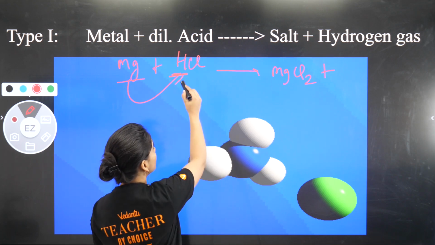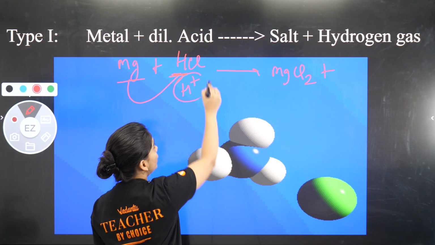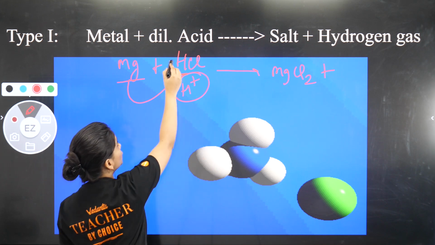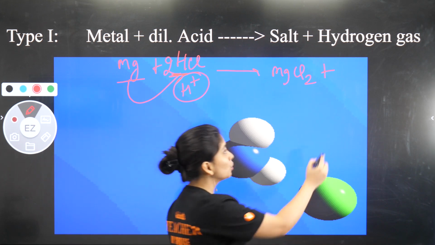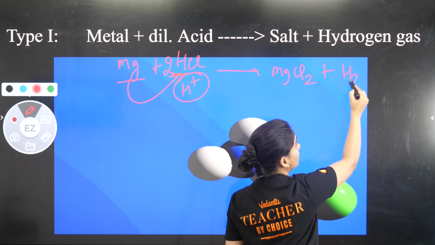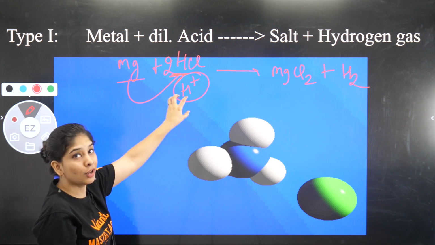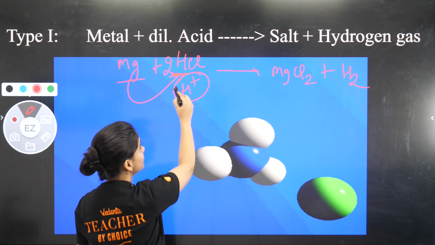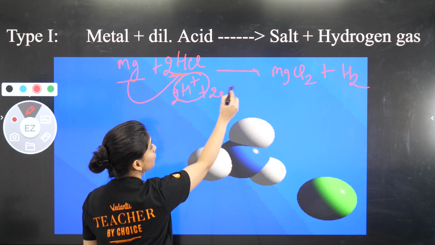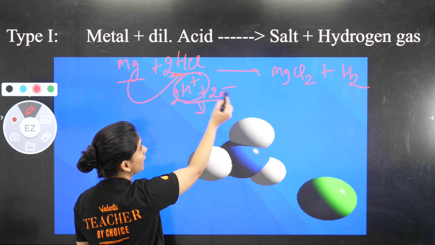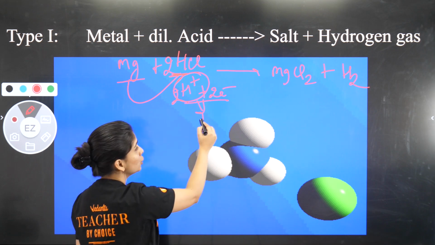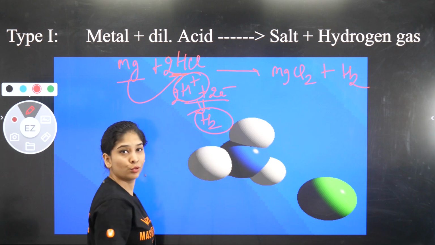Hydrogen can't exist in the form of H positive, right? So it will take one more hydrogen and it is going to give you H2. Okay, 2H positive magnesium से electron लेगा. 2H positive basically will gain 2 electrons और charge खत्म हो जाएगा, positive negative, so that you can easily get hydrogen gas.